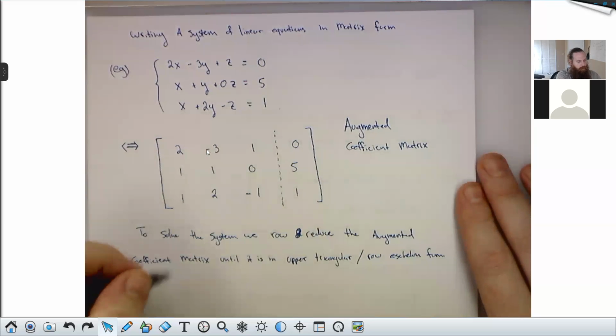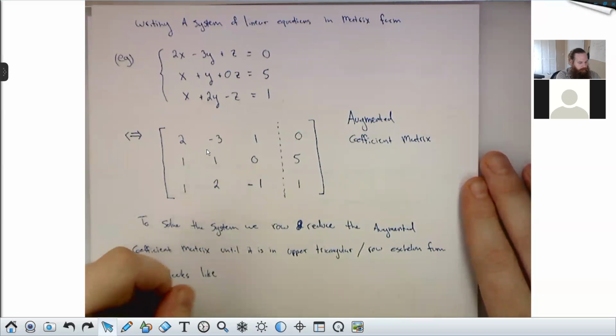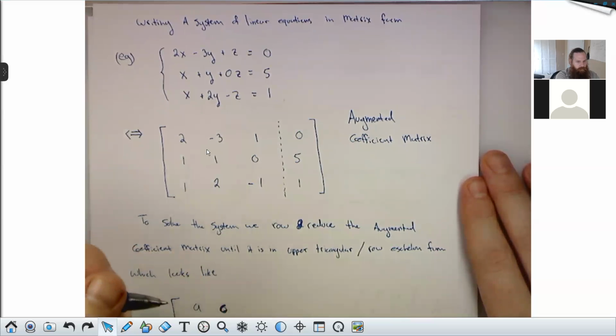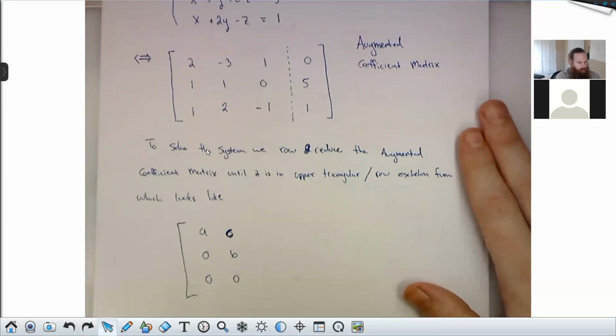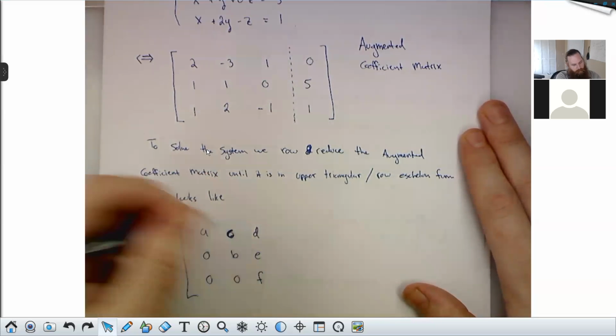What does that look like? You'd have something here, and then zeros beneath. And then 0 here, something here, 0 beneath. Actually, this guy up here doesn't have to be 0. He could be something else like C. And then something here.